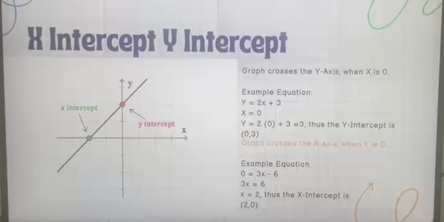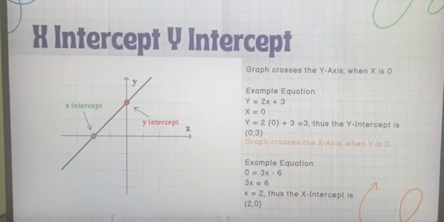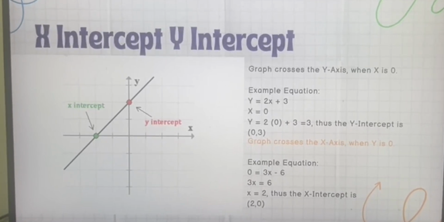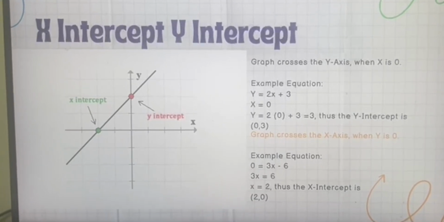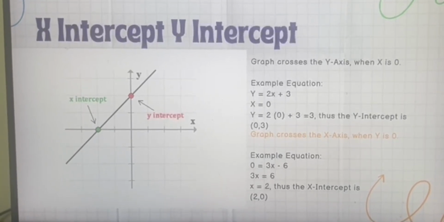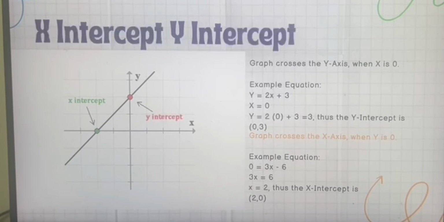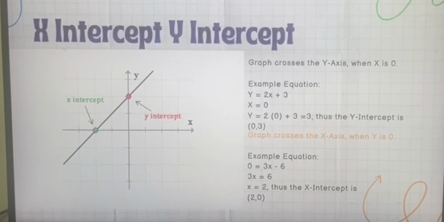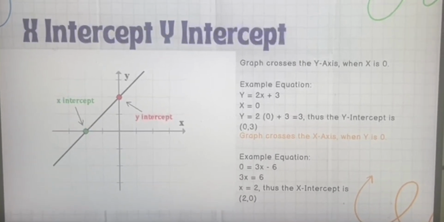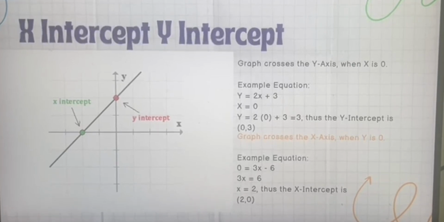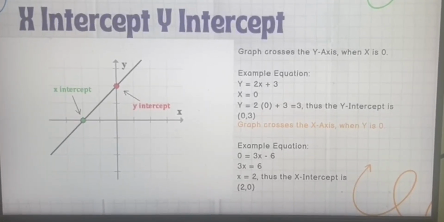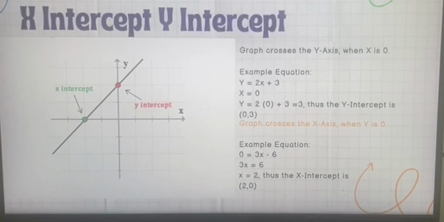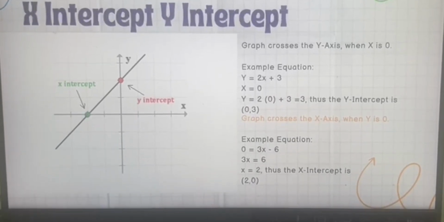And here's also another explanation of x-intercept and y-intercept. Very simple. If the graph crosses the y-axis, x is 0. We'll take this equation, for example, y equals 2x plus 3, and x equals 0.